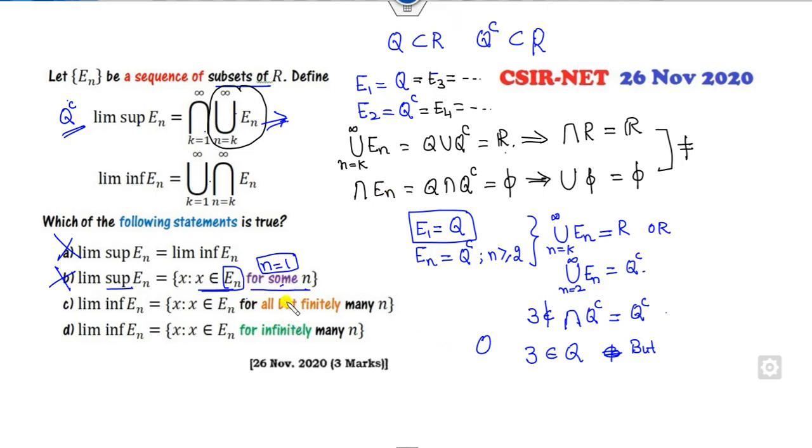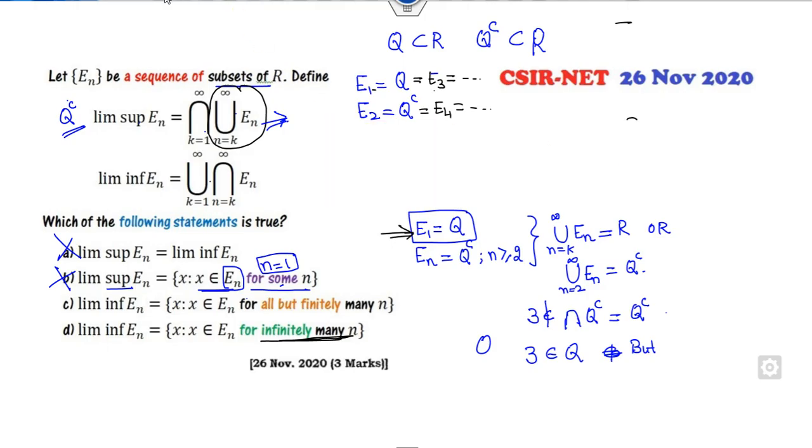Look at this one. It's again for infinitely many n. I considered this only for finite n. So if you consider infinitely many n, you can consider the same example 1, 3, 4, 7 and so on. So I can consider E of 2n plus 1: E1 is my Q, E3 is my Q, E5 is my Q and so on, and the rest of them are my Q complement.